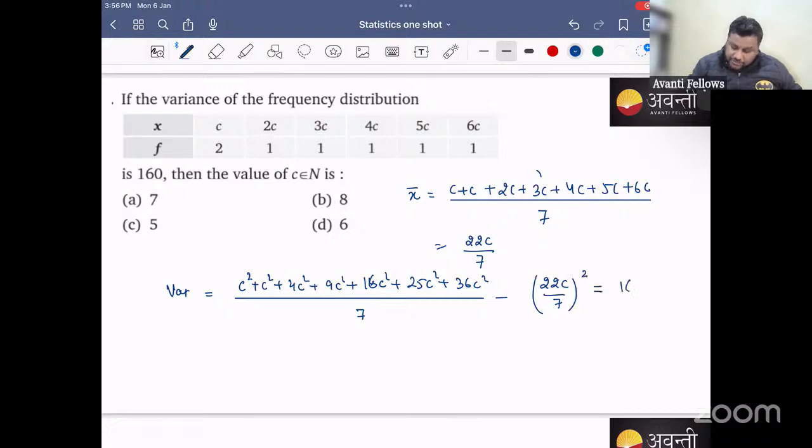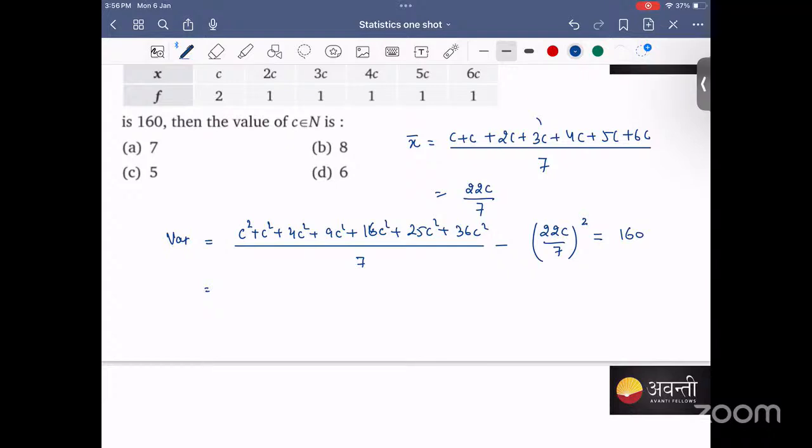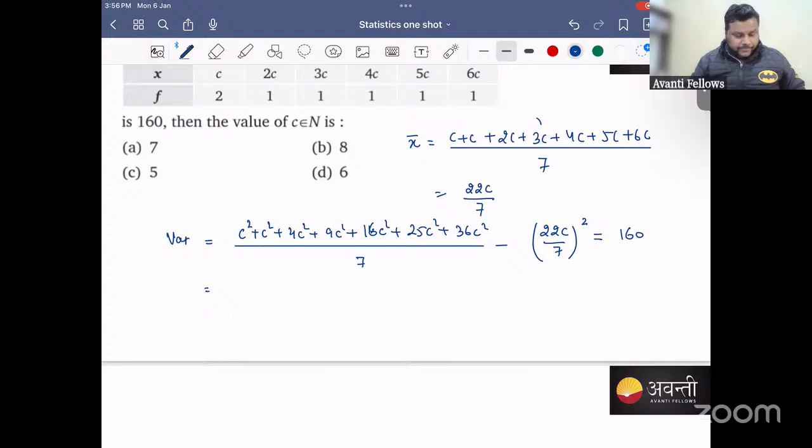And this is given to you as 160. Yes. Now this will be 36 plus 25, plus 16, that is 77, plus 13, that is 90, and plus 2, that is 92.